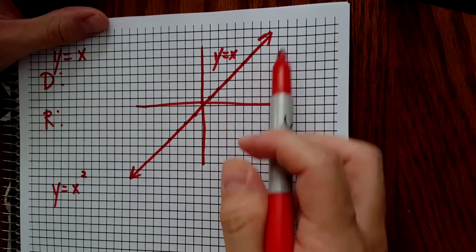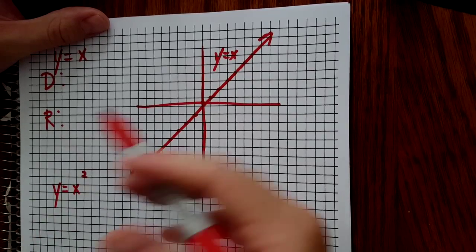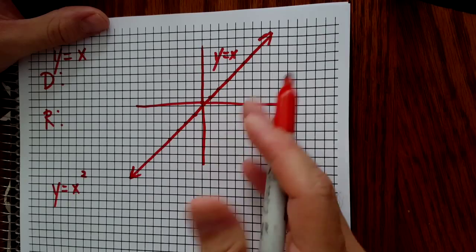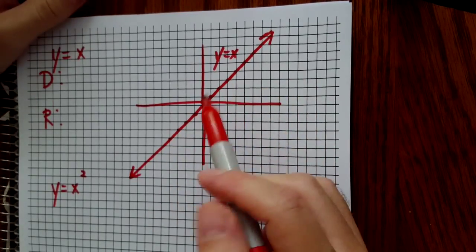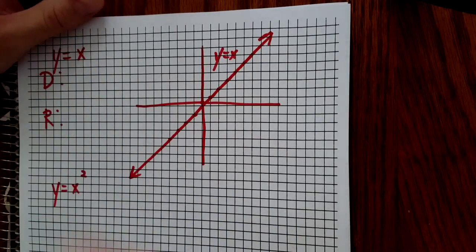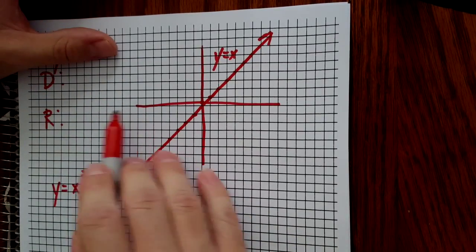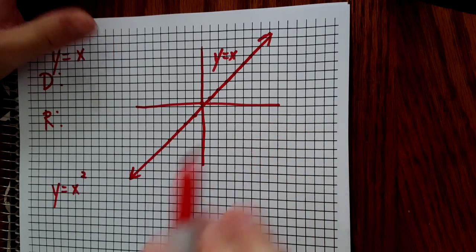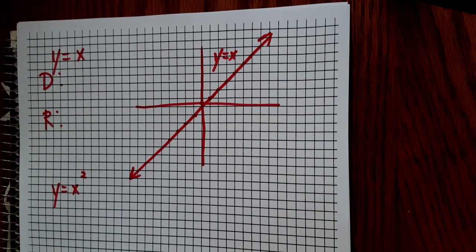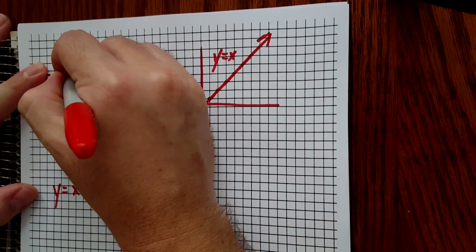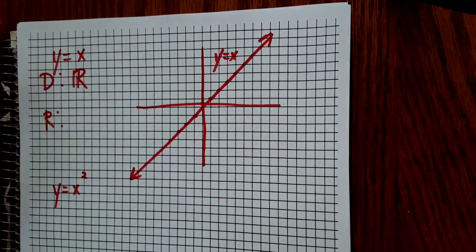Since these have arrows on it, it means it goes forever. I don't see anywhere where there's any holes in the line, any places where it all of a sudden curves down to infinity and then starts back up again. So that means that I'm probably going to be allowed to use any x value I want. And so just by looking, I can say confidently that my domain is all real numbers.